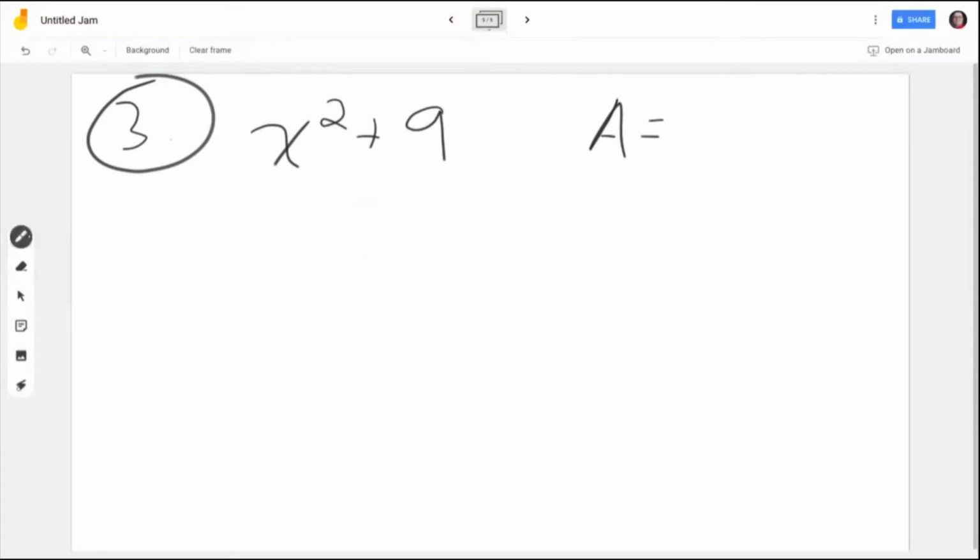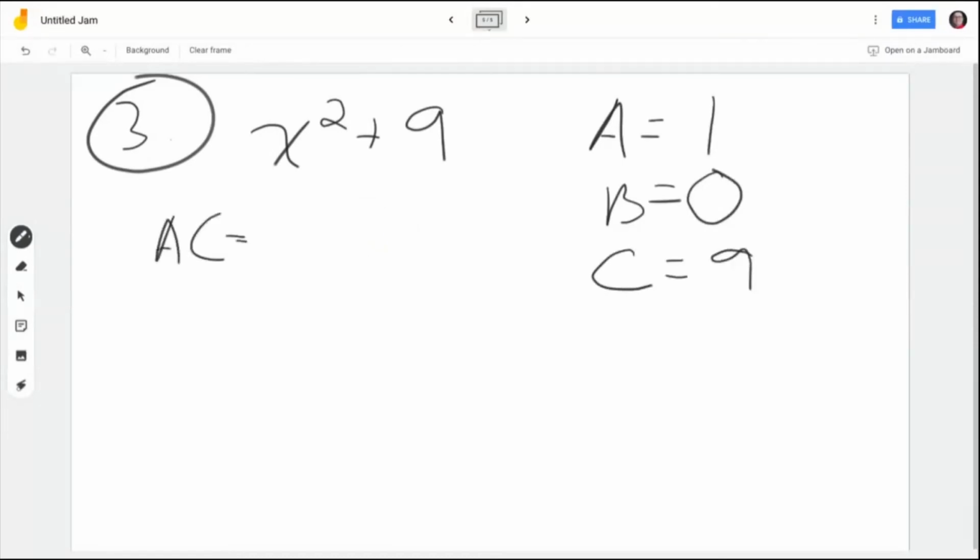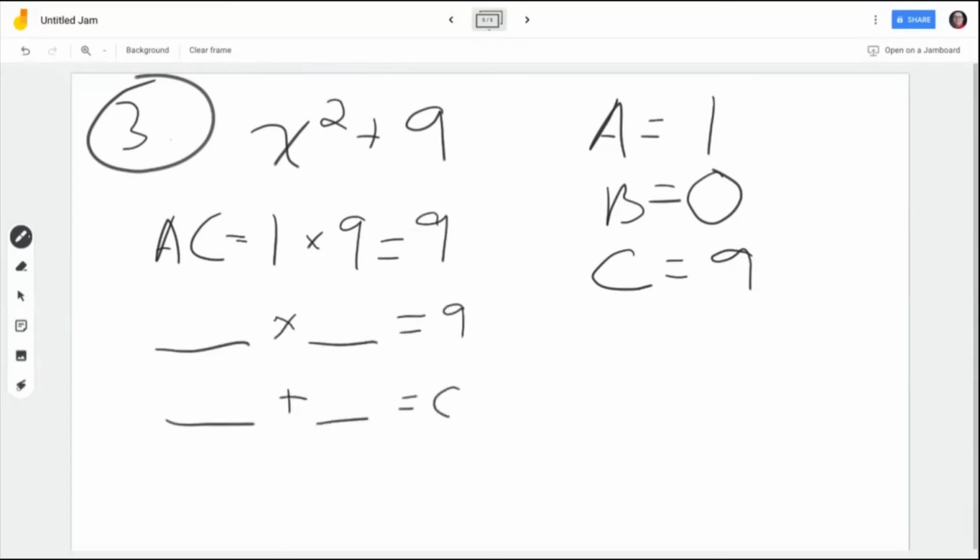But in this case, a is 1. What is b? There's no b term, so b is actually 0 in this case. And our c is 9. And so AC is going to equal 1 times 9, which is 9. B is 0, so we need things that multiply to be 9 and add to be 0.